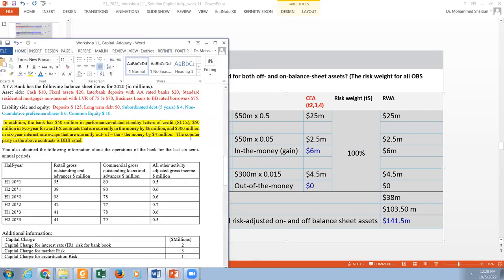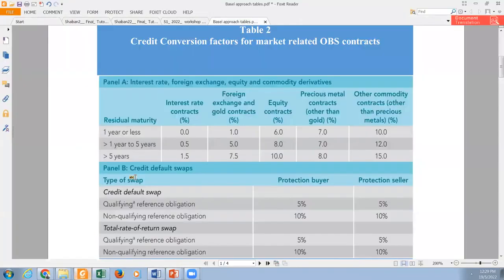Now, do we have anything else? We have also 300 million in 6 years interest rate. Oh, so this is 300 million, that's fine. And it is 6 years. And it is market related. It's a swaps contract for interest rate. So if I go to the tables, I have the interest, I have the exchange, I have the equities.